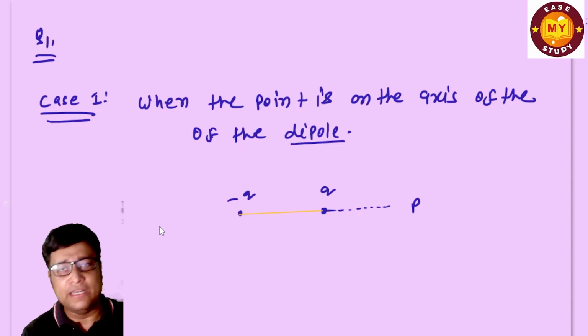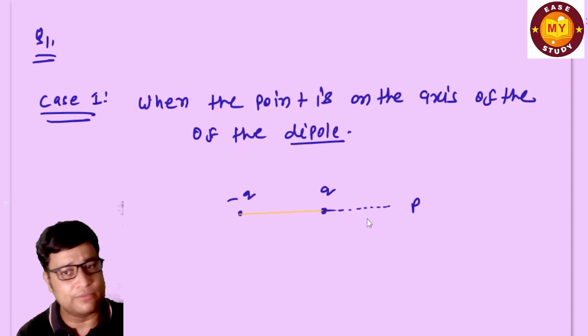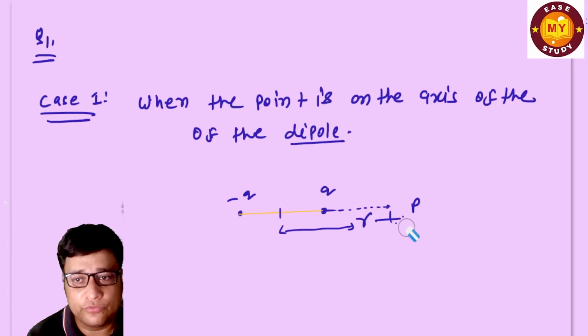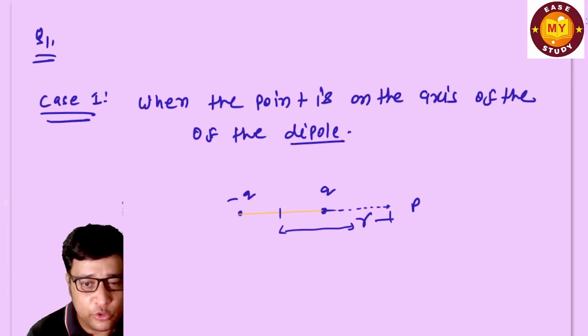This can be on either side, on the negative side or positive side, at a distance r from the center. Up to this location, you have to find that. So you do not have to separately find it. Understood? You don't have to separately find it.